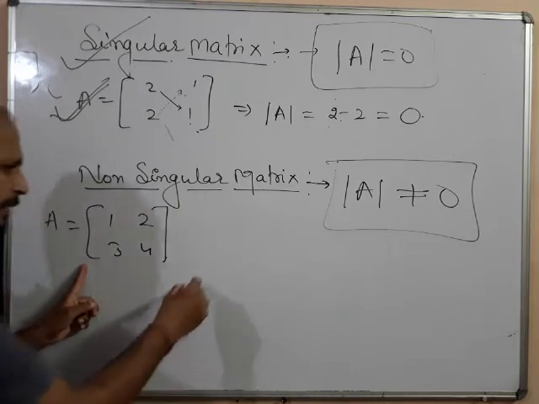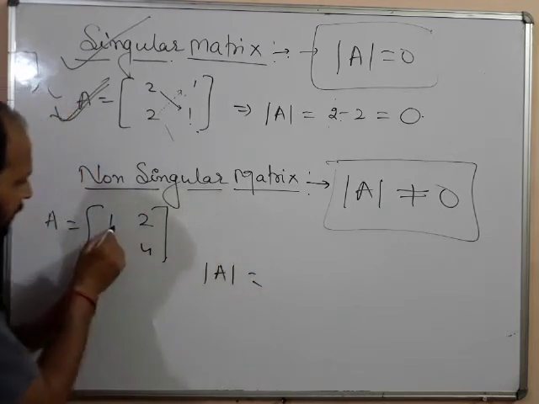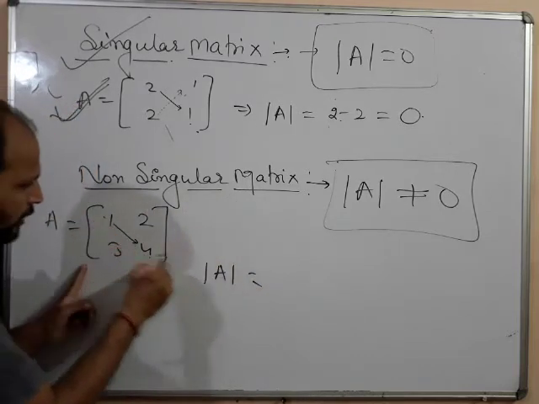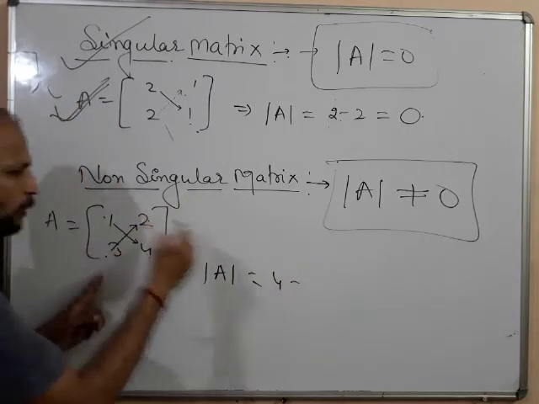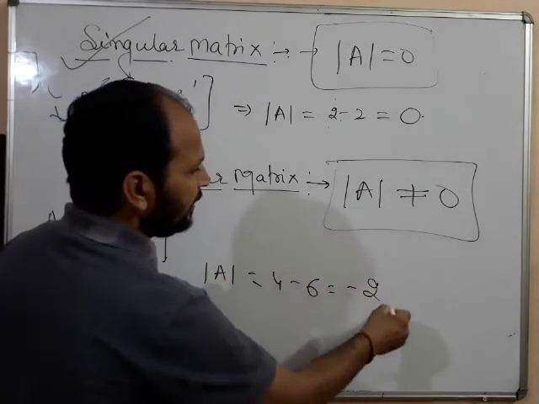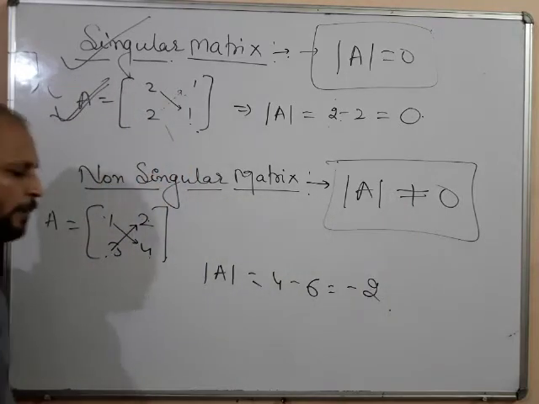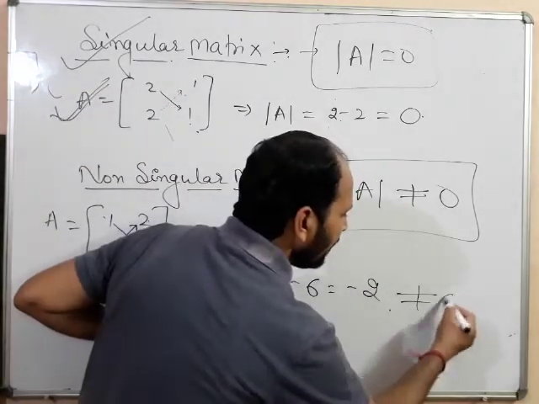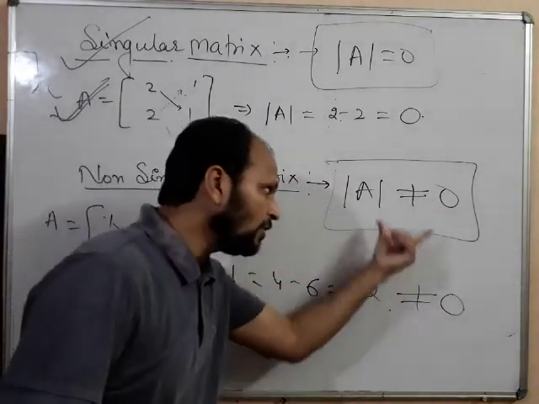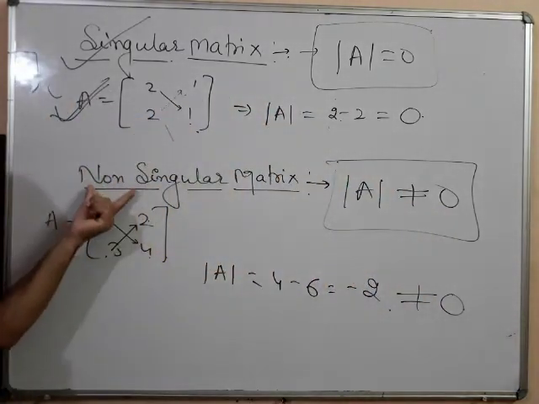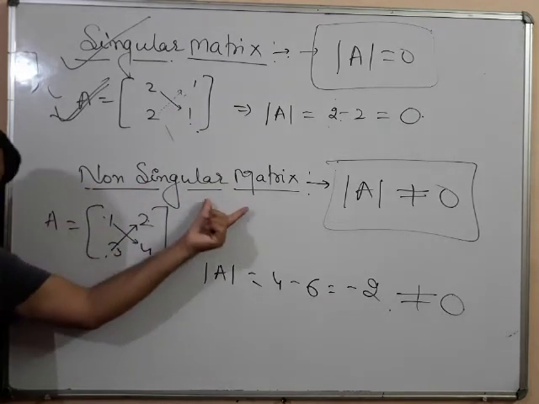The determinant: down product 1 4s are 4 minus upper product 3 2s are 6. That is minus 2, and minus 2 is not equal to 0. So if the determinant is not 0, that is called a non-singular matrix.